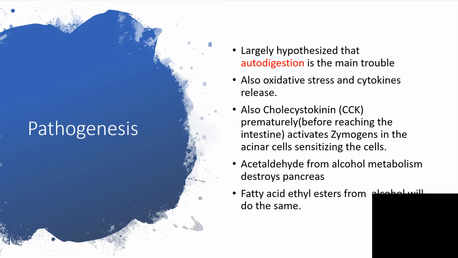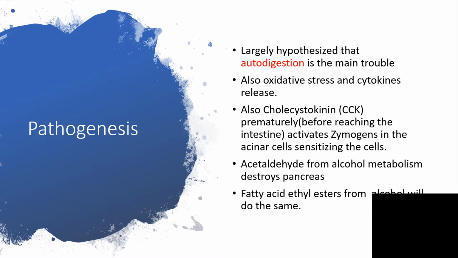But if for any reason, like the presence of acetaldehyde from alcohol consumption, it will activate cholecystokinin, which will in turn prematurely activate zymogen, then we are in trouble. And the trouble will be acute pancreatitis.